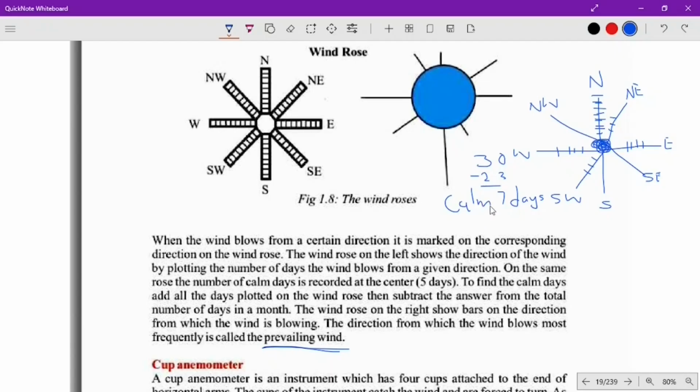A calm day is when there is no wind. Now you know. The direction from which the wind is blowing mostly is called the prevailing wind. So in our case, our prevailing wind is from the north.